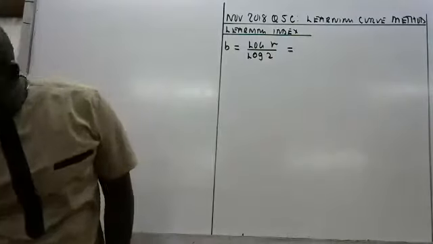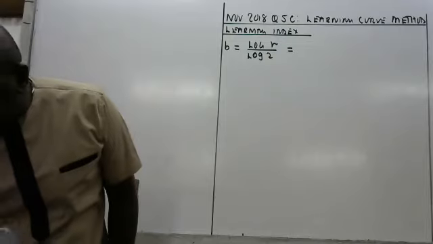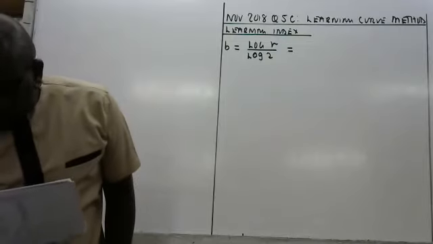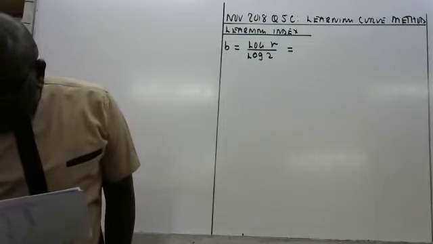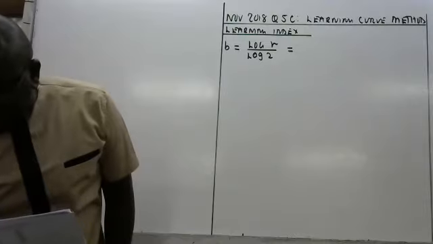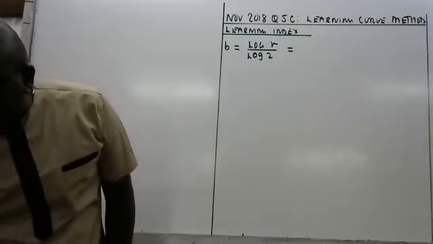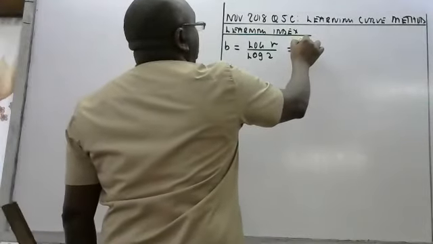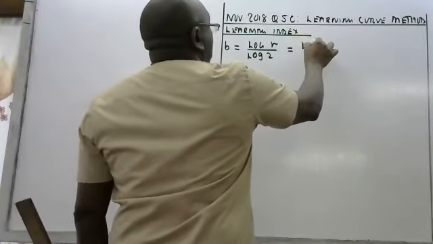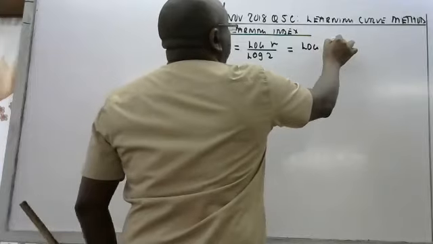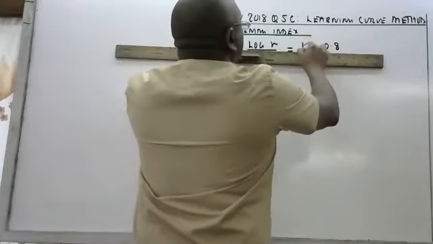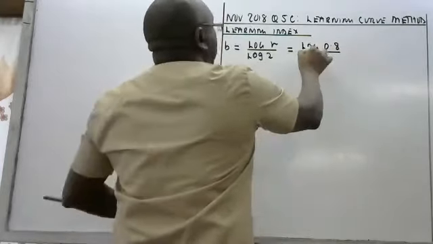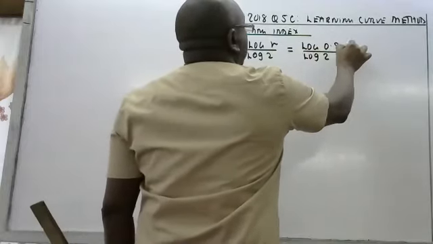So in this question, we are informed that the rate is 80%. So we will need to say the log of 0.8 divided by the log of 2.